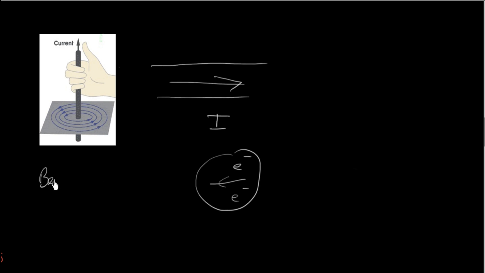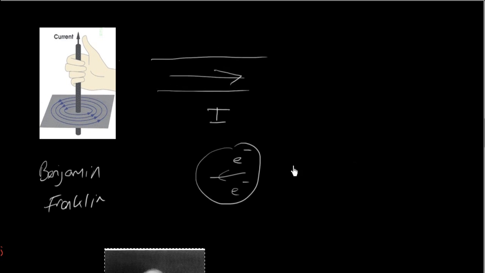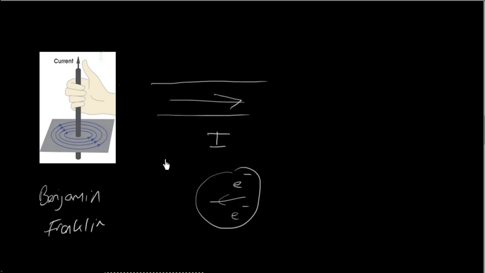I hope that you know what that means, and it's a bit of a weird convention, and it's because of a guy called Benjamin Franklin, basically. What he said was that what was responsible for the electric current was positive charges moving. So he gave that direction to positive charge, and then later on it was discovered that it was really a negative charge, the electrons, that were carrying the current, so they would be going in this direction, while the current was going in this one by convention.